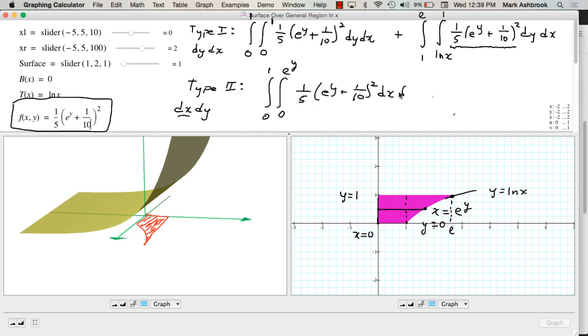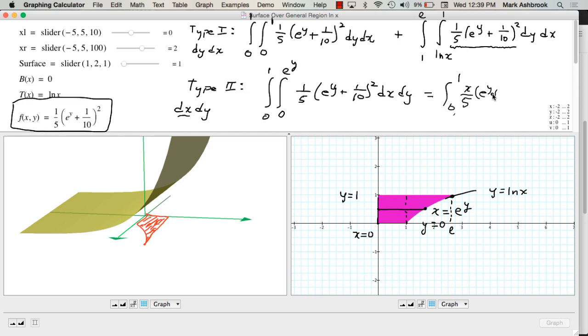Can we do the antiderivative? 1/5 e to the y plus 1/10 squared. Can I get the antiderivative of that? You distribute it. No, look what we're doing with respect to x now. So just times x. So it's 0 to 1, x over 5.